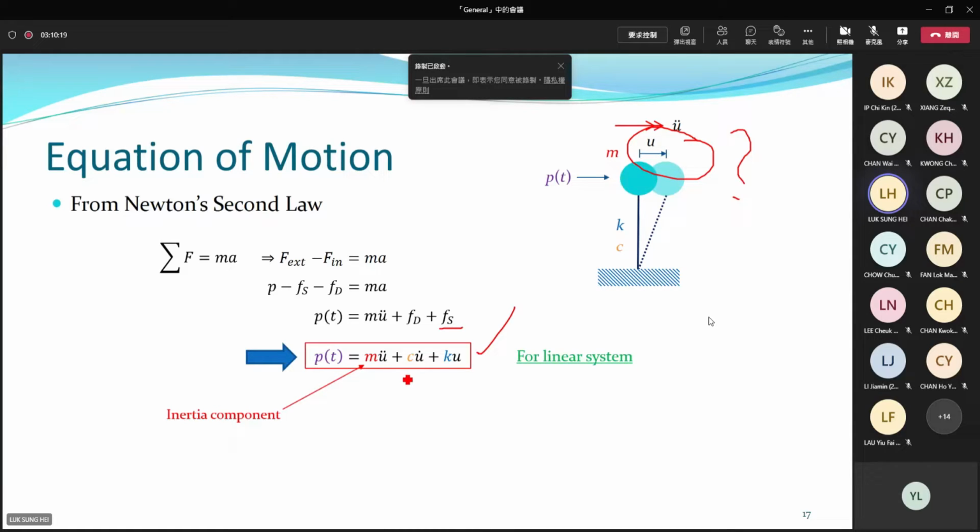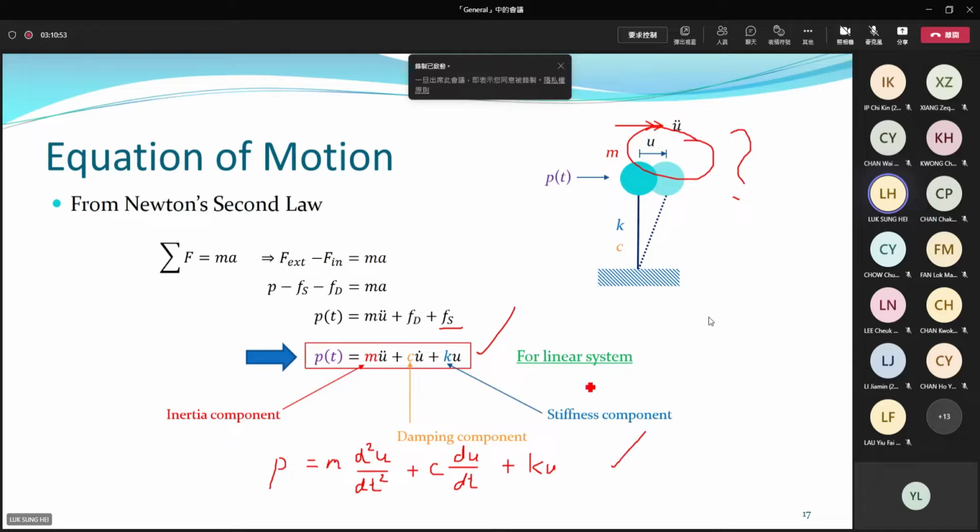This equation is described using three properties, M, C, and K: the inertial effect, damping effect, and stiffness effect. Three things. You can write this equation in another form like this: P equal to m times the second derivative of u with respect to time, plus C times du/dt, plus Ku.